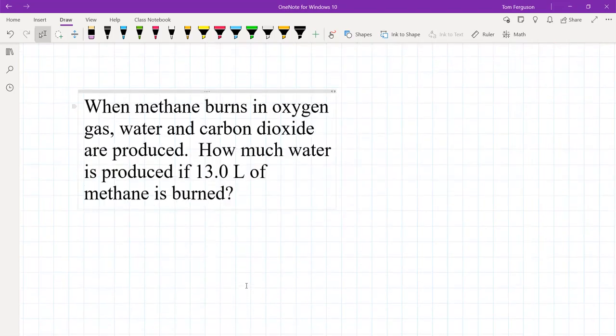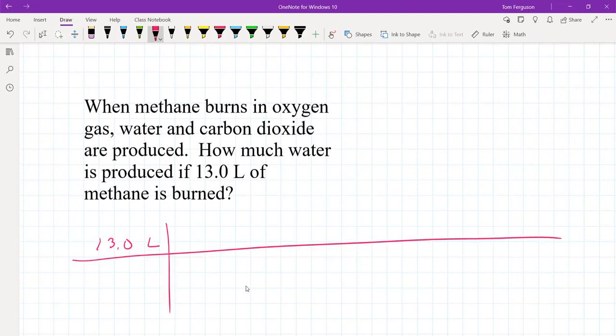And given it's going to be 13 liters. It helps to put the chemical above the given quantity, just to keep everything straight. Okay, so we need to get liters, and this is at STP.